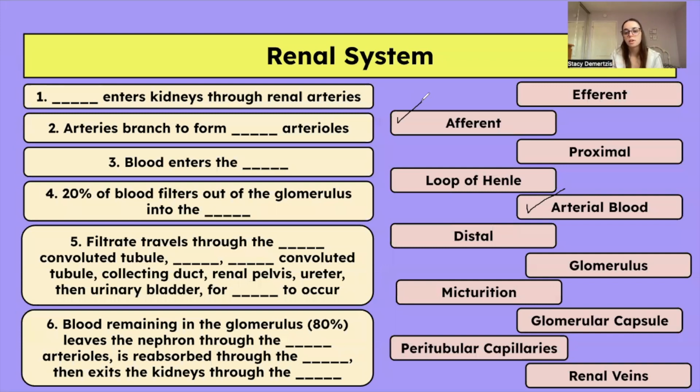Comparing to the efferent arteriole, I like to say exiting the glomerulus. So same kind of verbiage that you could use. Let's answer. After the afferent arteriole, blood is going to enter what?